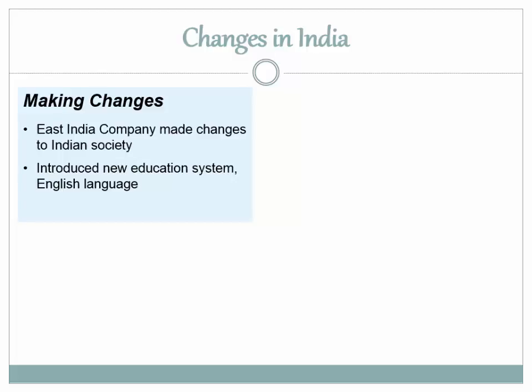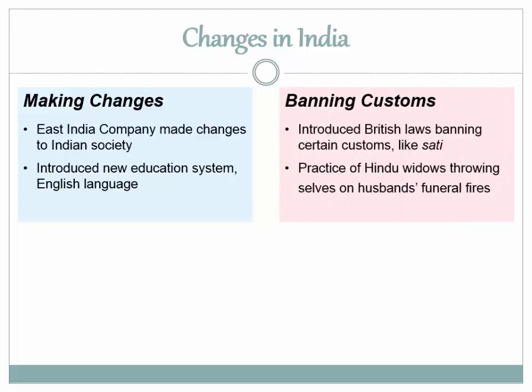So they started to make changes. First, we're going to teach them the English language. They're going to get rid of customs, like the sati. Anybody want to tell me what the sati is? Anybody know what the custom of sati is?